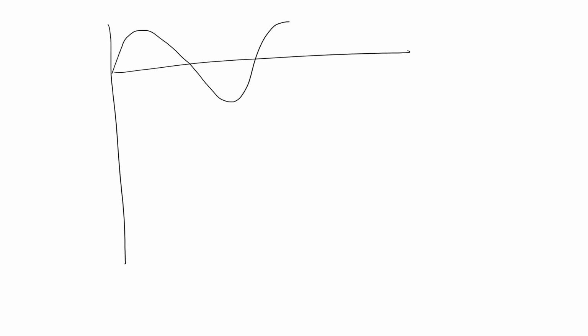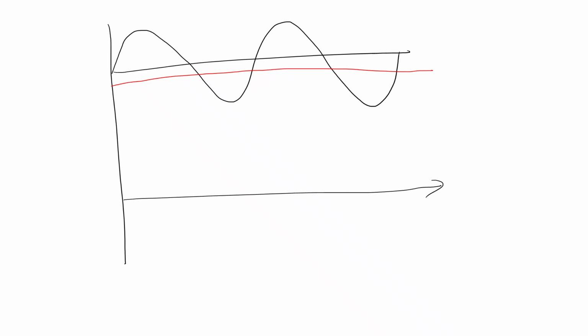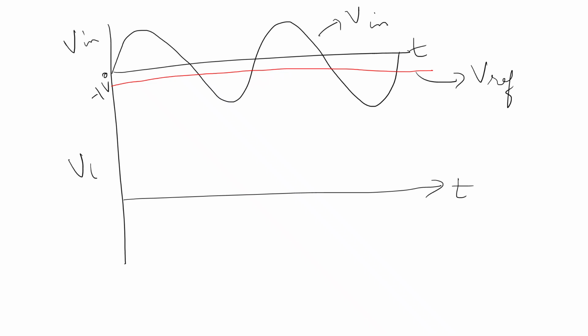Another example: this is the input signal, and if V reference is negative, how will the waveform be generated? This is T, this is the input voltage, this is the reference voltage, for example minus 1 volt.